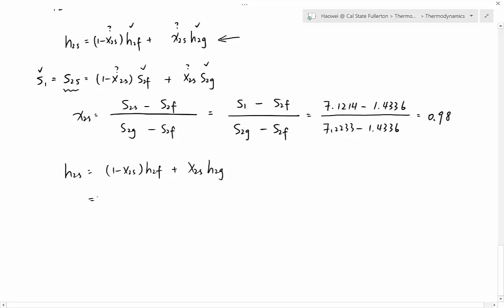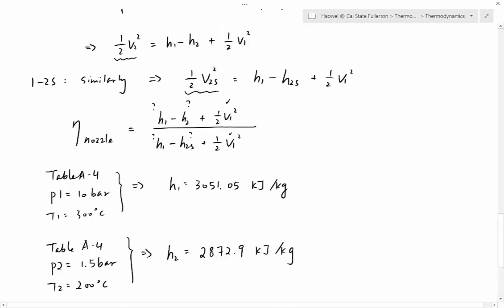What we do is just plug and chug. Okay, h2f and h2g. What is the unit for those two numbers?